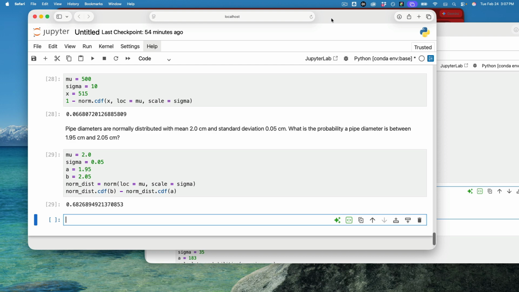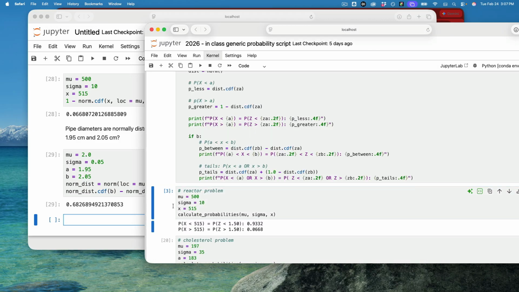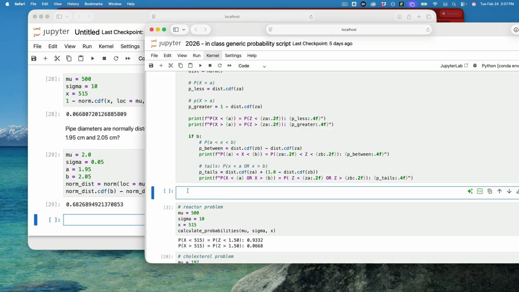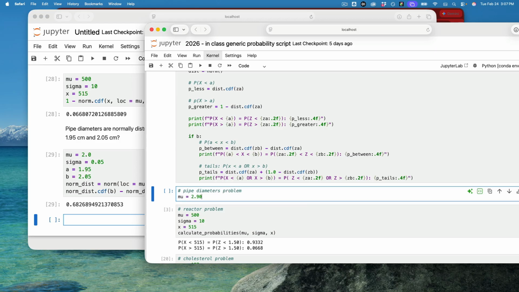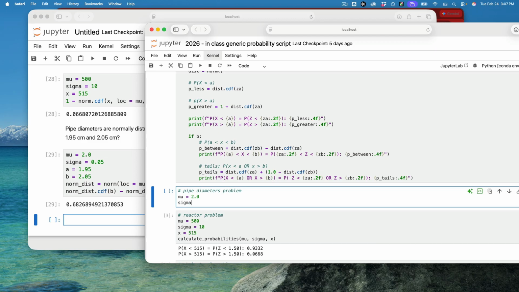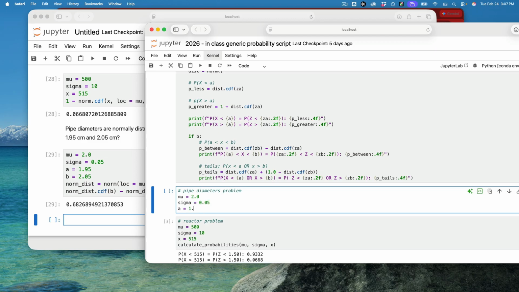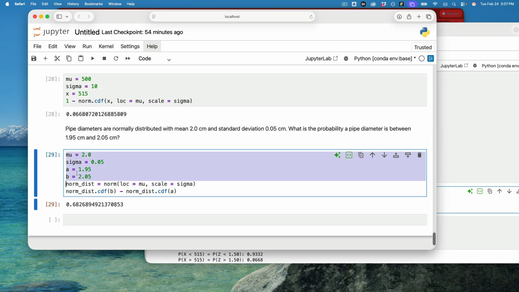Now you can put this in my other script, and you'll get the same results. So we can do this one, the pipe diameters. Mu is equal to 2, and sigma is equal 0.05. Actually, why am I doing this? Let me just copy and paste these.